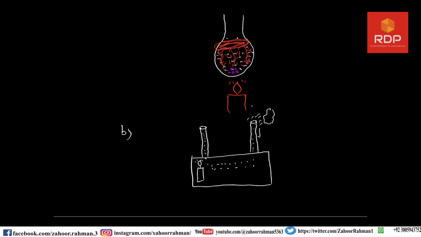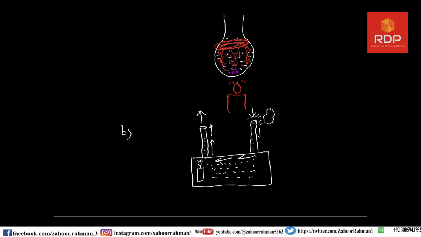This is the inlet and this is the outlet. So in this chamber we can see that the smoke particles are moving from this direction, and then it is coming in this direction, and then it is going out this way.